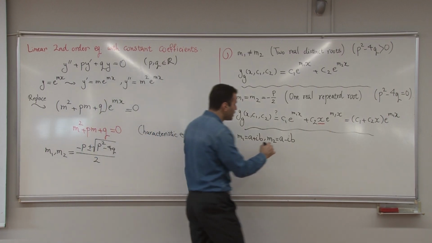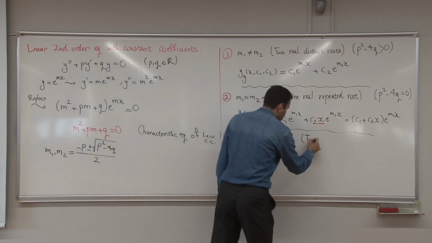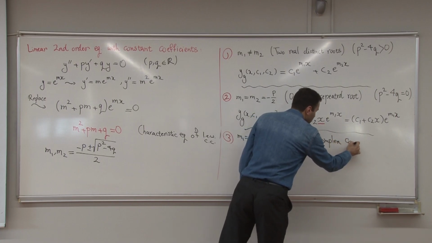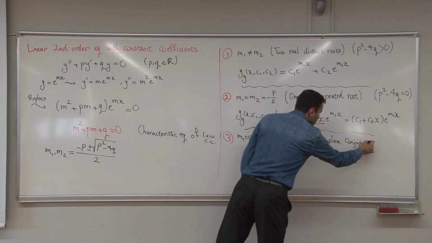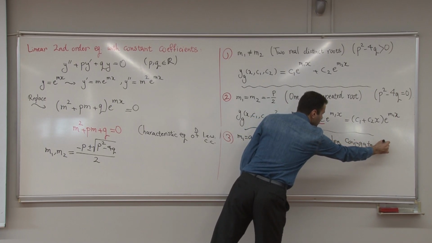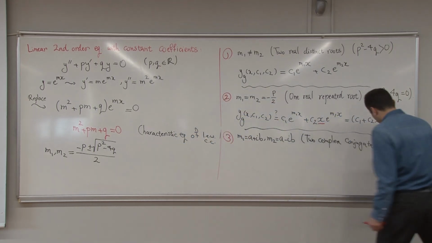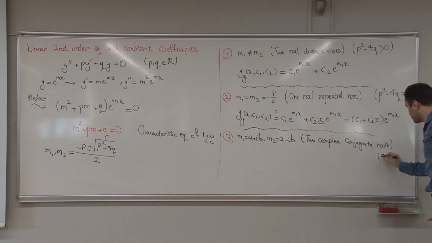Two complex conjugate roots. And this happens when we have this p to the power of 2 minus 4q less than 0. Okay?